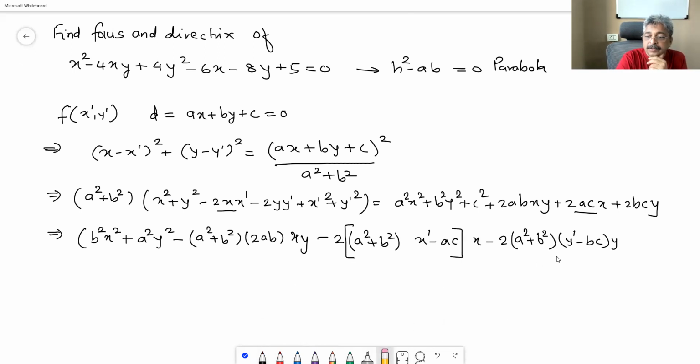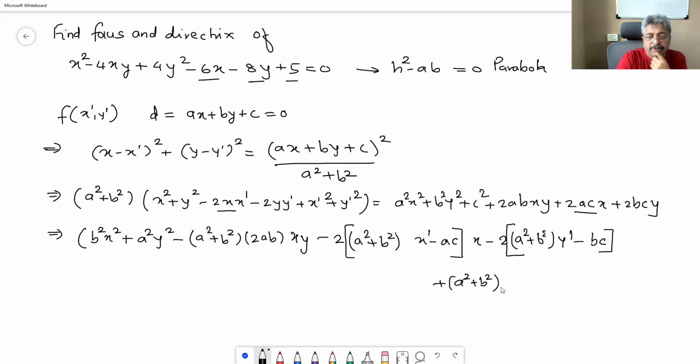Similarly, a square plus b square times y dash minus bc, and then the constant terms. I mean, we are not actually interested in those, but I am just completing the job because they are very bad terms anyway. They will not be useful to us, and our terms are really very good, nice looking. But let us finish.